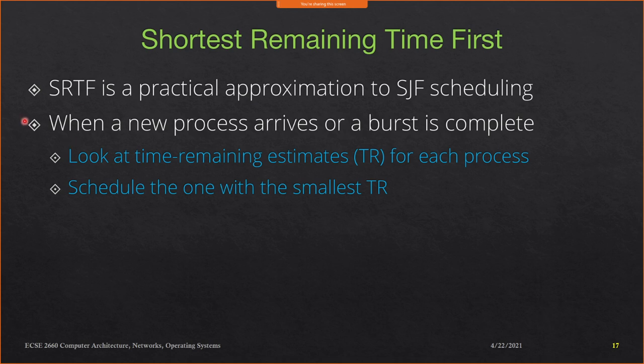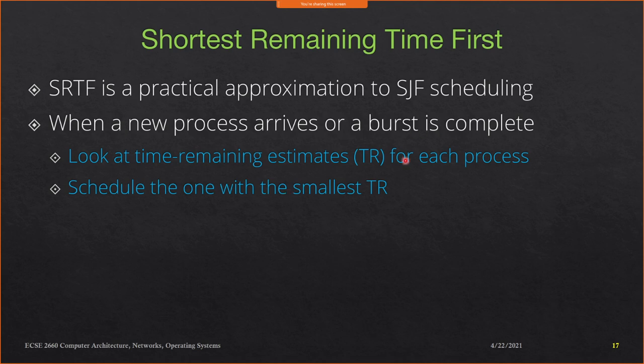So what we do here is, when a new process arrives or a CPU burst is complete, we look at the remaining time estimates, and we are using TR to talk about the time remaining for each process. We are going to schedule the one with the smallest time remaining to use the CPU resource. Right? So this happens only when a process arrives or a burst is complete.